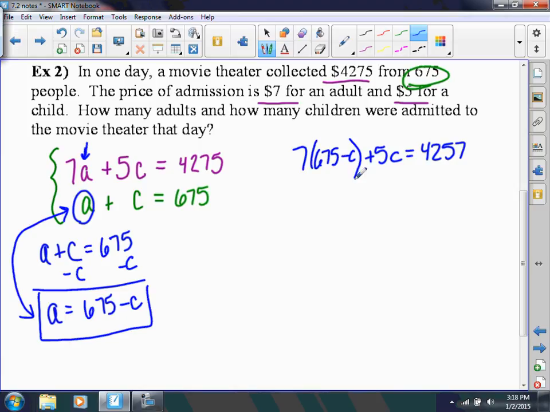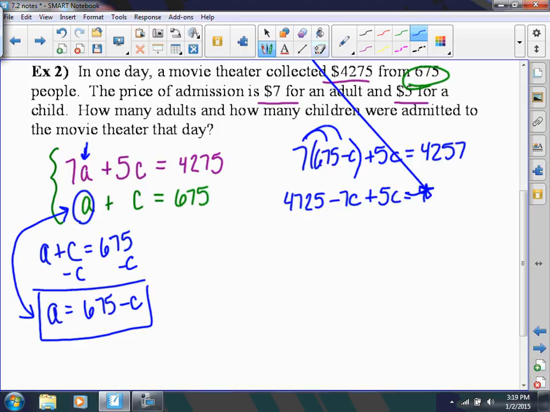So it's just like what we did in Part B and Part C in Example 1, except we have to write the equations first. Okay, so now I'm going to distribute. So 675 times 7, that's 4725 minus 7c plus 5c.